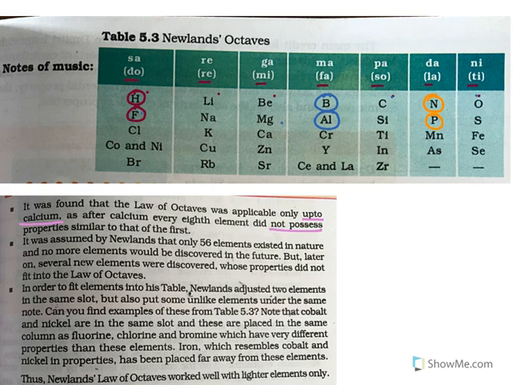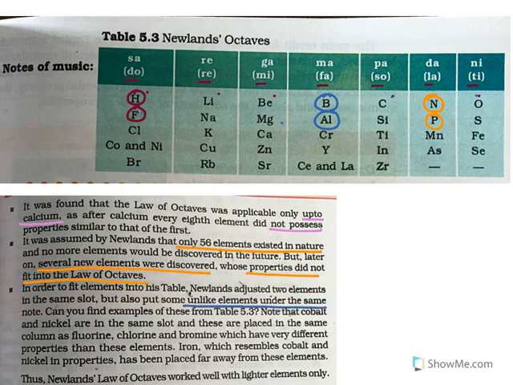Then the next drawback was, Newland assumed that only 56 elements existed in nature and that no more elements would be discovered in future. But later several new elements were discovered whose properties did not fit in the law of octaves. And then, in order to fit the elements into his table, Newland adjusted two elements in the same slot.